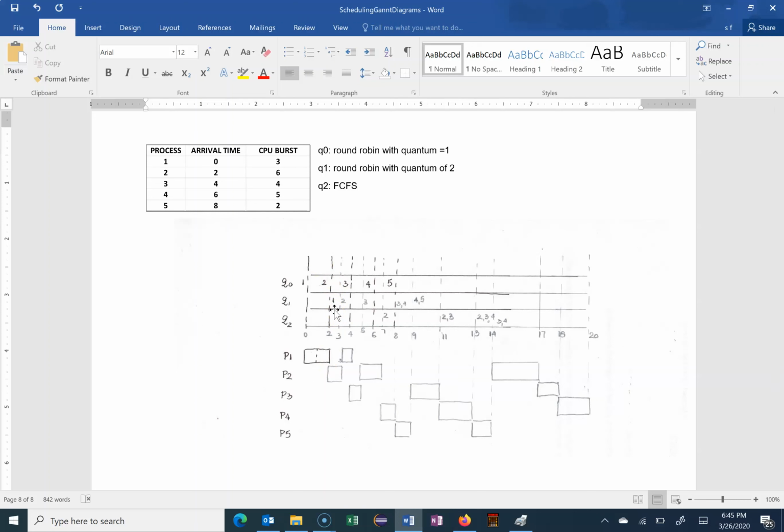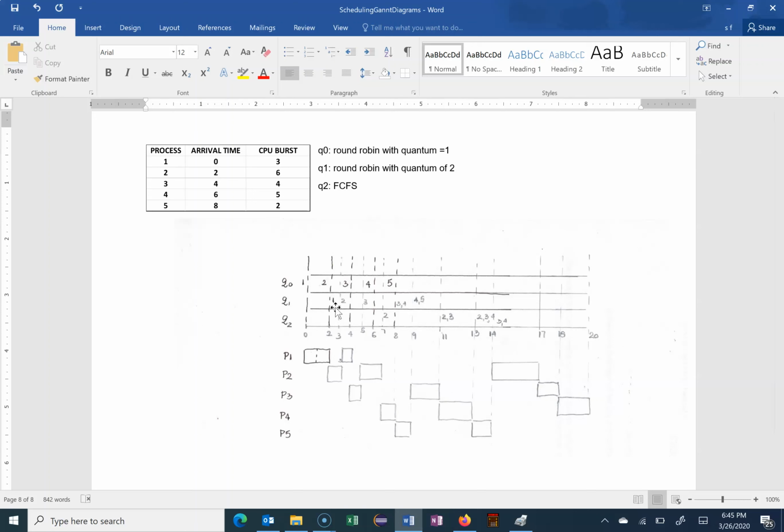which is Q1. So now process 2, which is in Q0, will execute for a quantum of 1. And then process 2 will be preempted and will go into Q1. Now the scheduler has nothing in Q0, so Q0 is empty. However, Q1 contains process 1 in front of the queue.